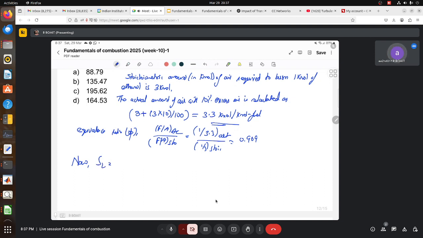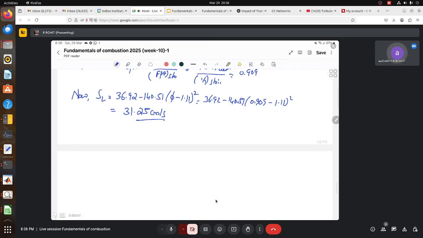Now your laminar flame speed is 36.92 minus 140.51 times (equivalence ratio minus 1.1) square. If you substitute 0.909 minus 1.1 squared, you will get a value close to 31.25 centimeter per second.